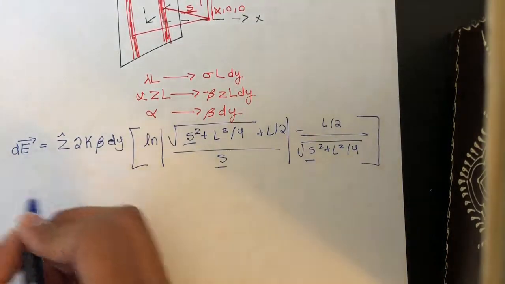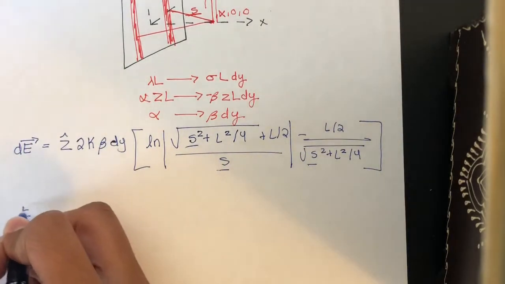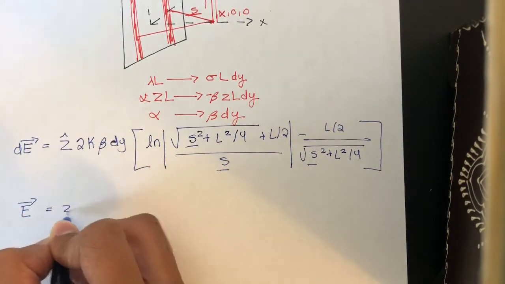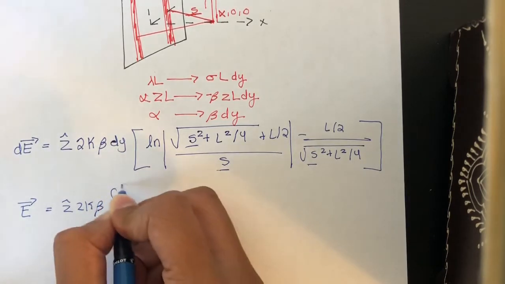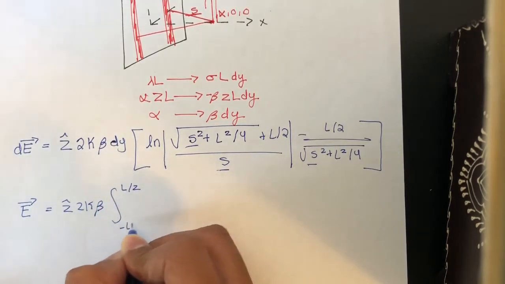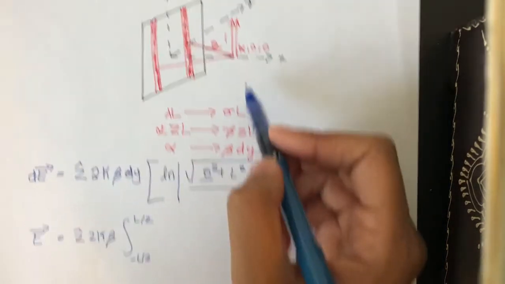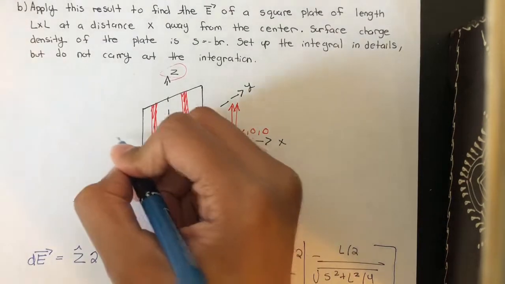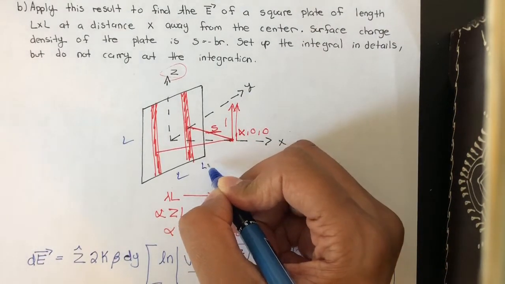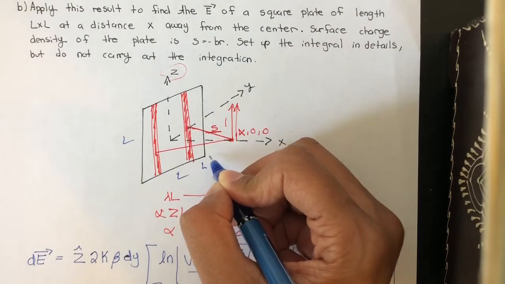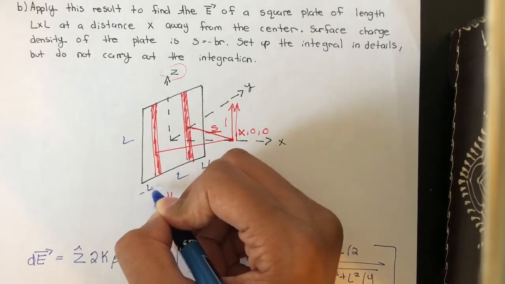So now we're going to set up the integral. We integrate it. So it'll be z hat 2k beta going from L over 2 to negative L over 2. So if the length here is defined as L by L, this side we'll just say is L over 2, and this side is negative L over 2.